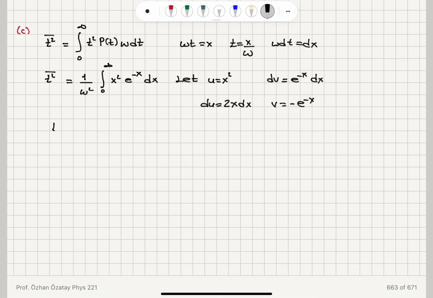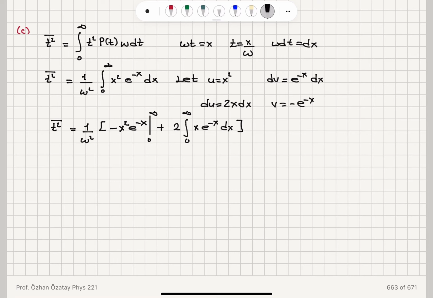So this gives us for t square bar, 1 over omega square times uv, which is minus x square e to the minus x evaluated between 0 and infinity, minus becomes plus v du, which is 2 integral 0 to infinity x e to the minus x dx. And this part gives me 0 again.